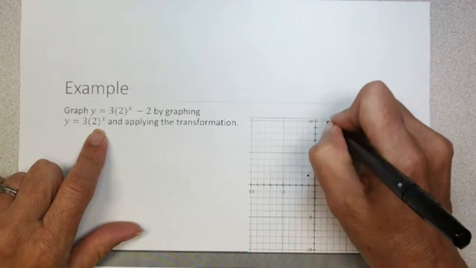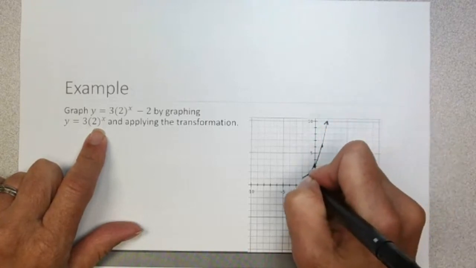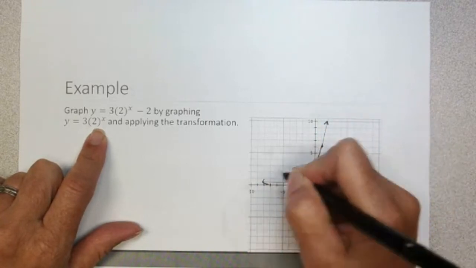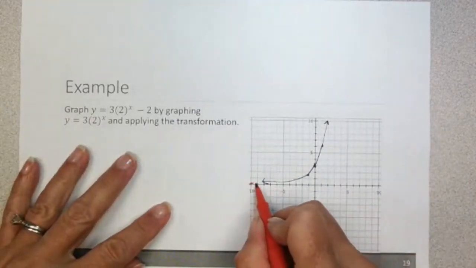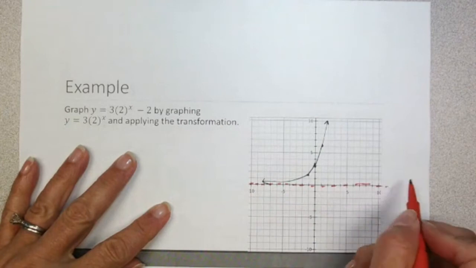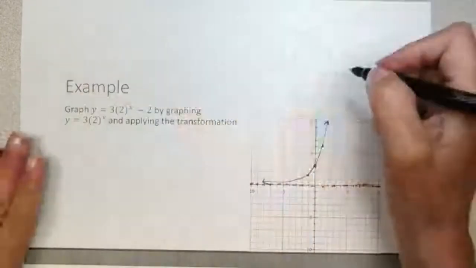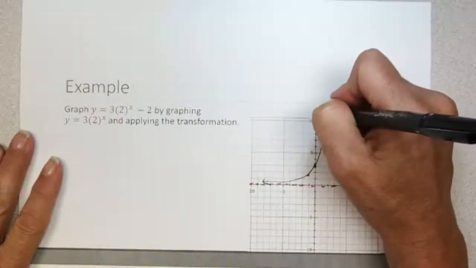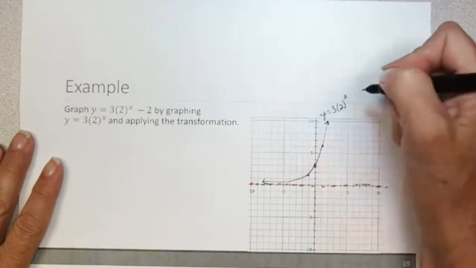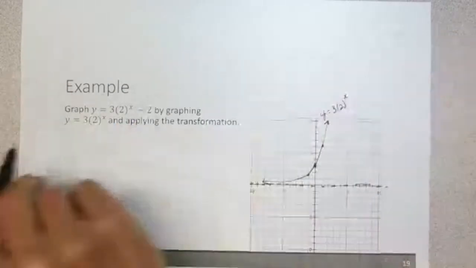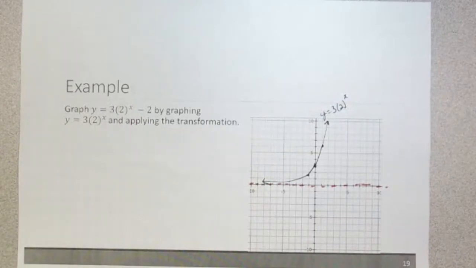Okay, so here's our parent function without the transformation. This black one that I drew, we do still have that horizontal asymptote. There's our horizontal asymptote. So my black graph here is the parent, y equals 3 times 2^x. Now we want to shift it down 2.